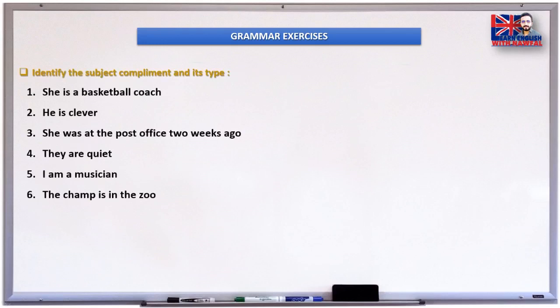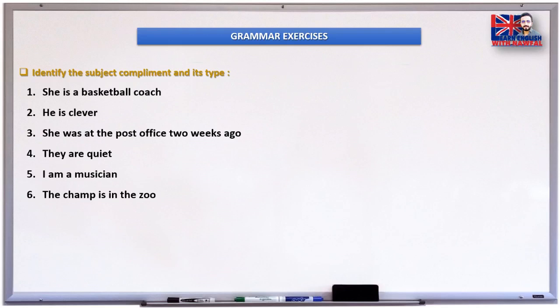Now, what you are supposed to do is to identify the subject complement and its type. So, what is the subject complement of each of these sentences? So let's correct. The first sentence, she is a basketball coach.